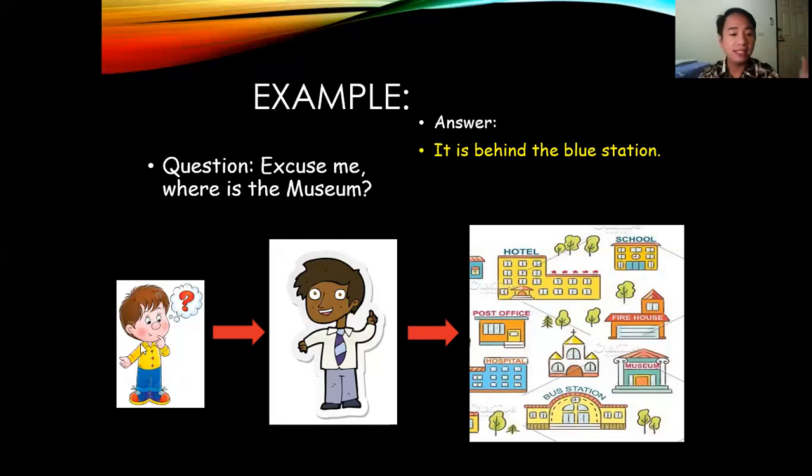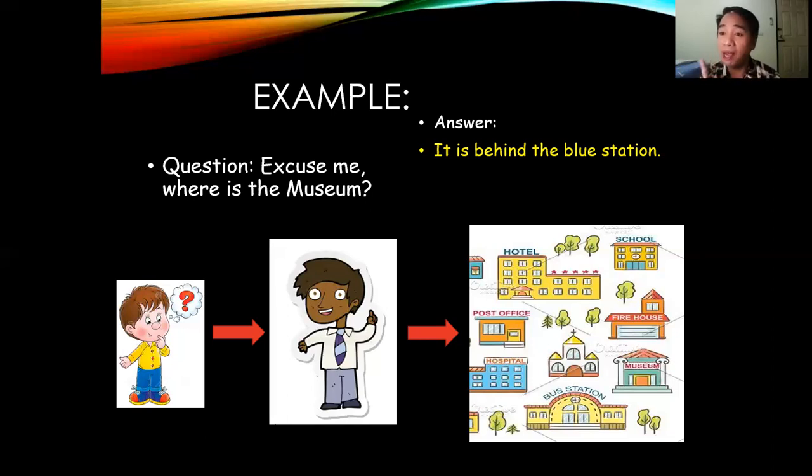So you can answer the boy that the museum is located behind or at the back of the bus station. Okay, so you have to know the specific landmark, and then you can tell exactly the location of the place.